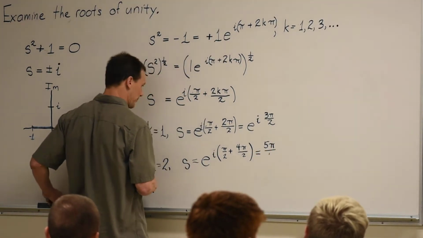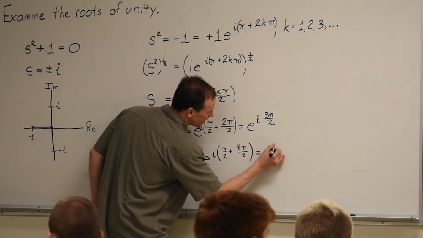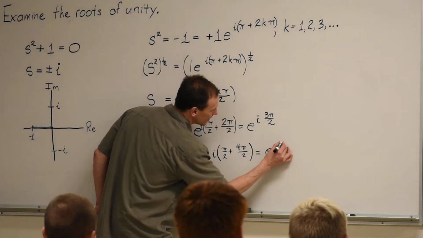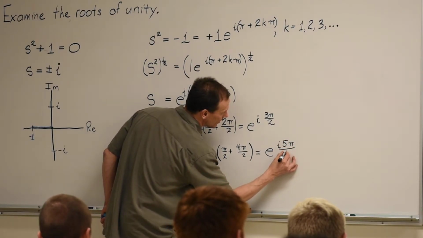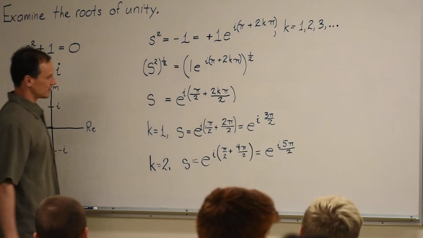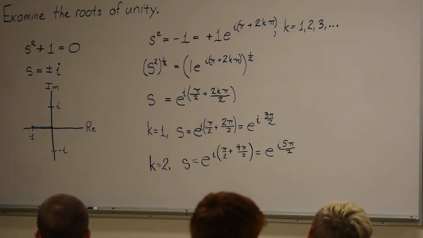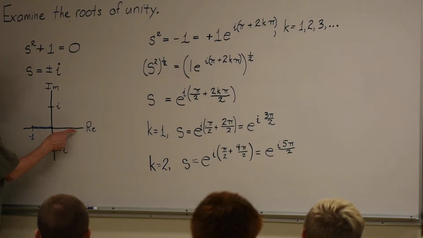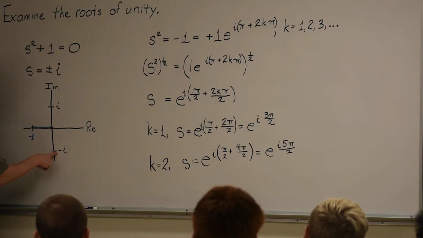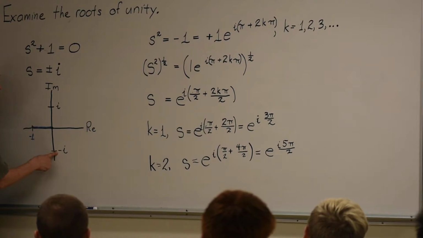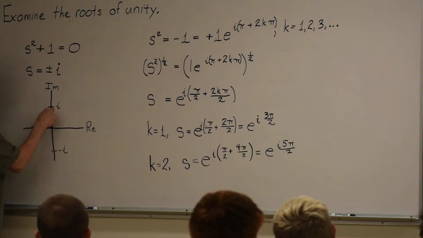Just writing the exponent, not the whole problem, is e^(i·5π/2). So here's my question. e^(i·3π/2) is going to be what? 3π over 2 would put me right there. That was one of our solutions. And then e to the 5π over 2, there's 3π, there's 4π, there's 5π over 2, and there's my other solution.